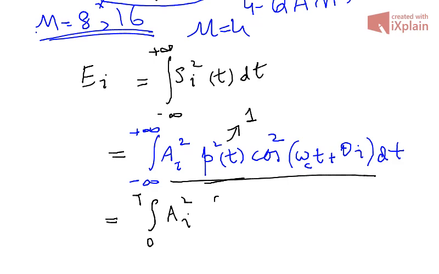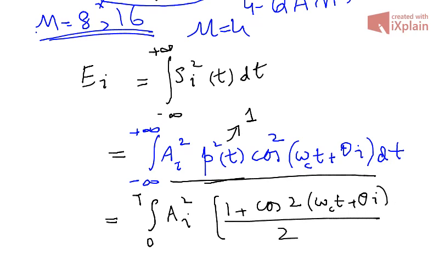Cos squared can be written as 1 plus cos of 2 omega_c t plus 2 theta_i, over 2, and dt. So we have this integral.